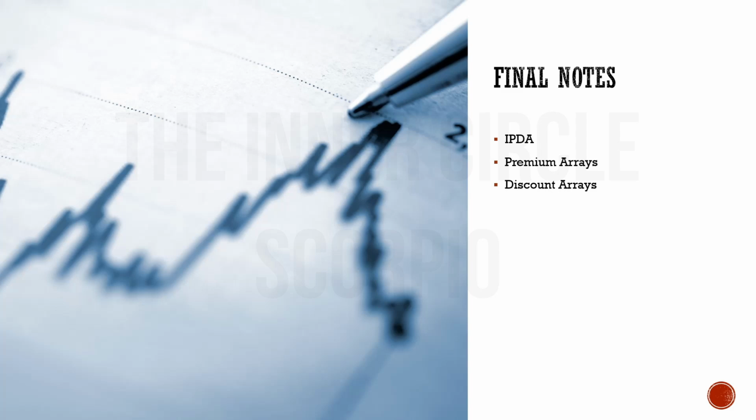Okay, this was a pretty quick lecture for all the PD arrays, and the reason for this lecture was to help you understand how we look at charts. Like we make a low, how we go up. What do we mean by discount arrays? What do we mean by premium arrays and all that?